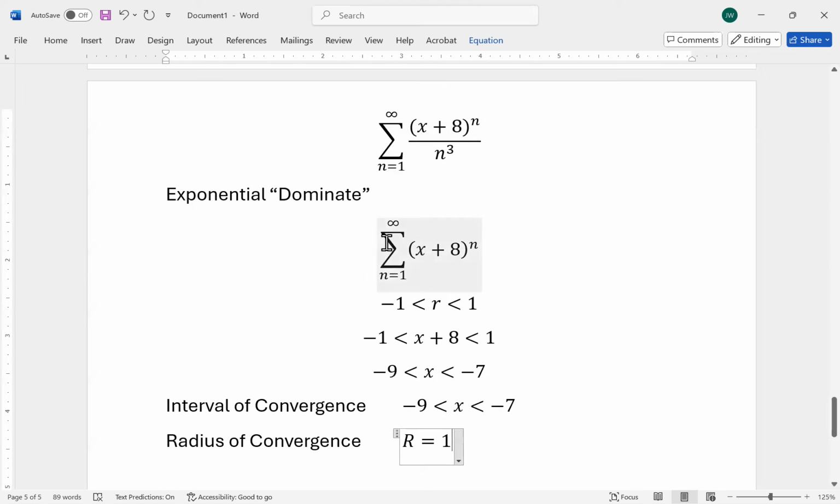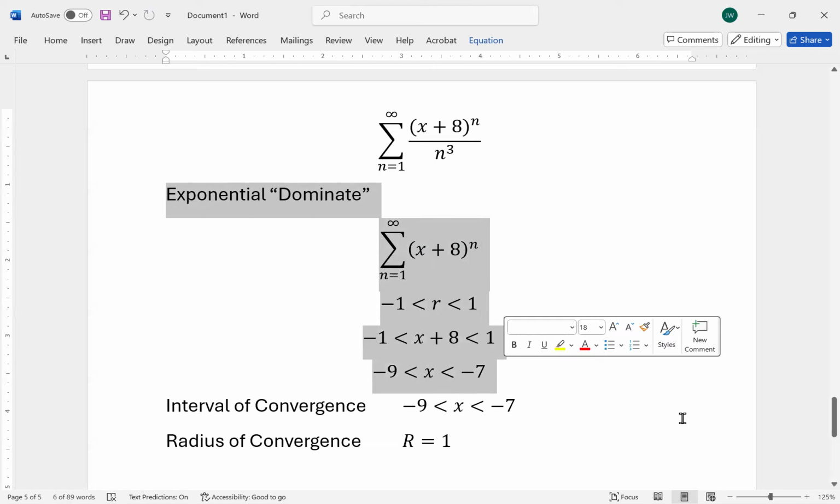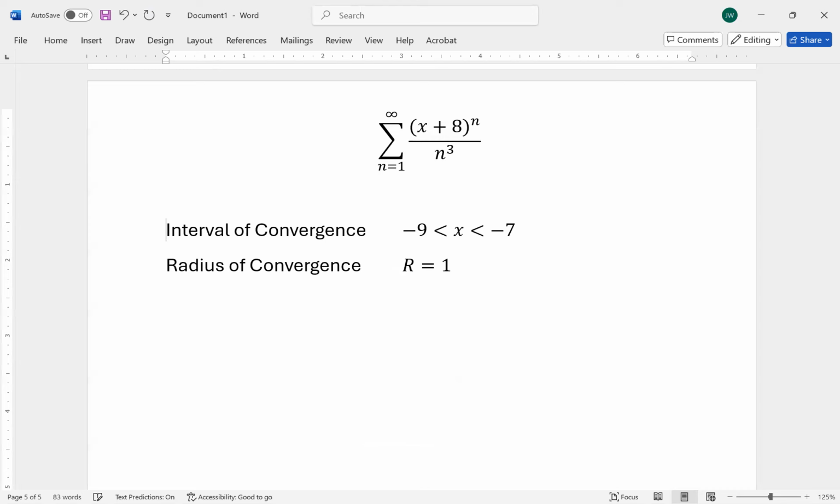And that's not just for this summation, that's for my original series. I think we got that part. So this power series has interval of convergence between -9 and -7, and radius of convergence is 1.